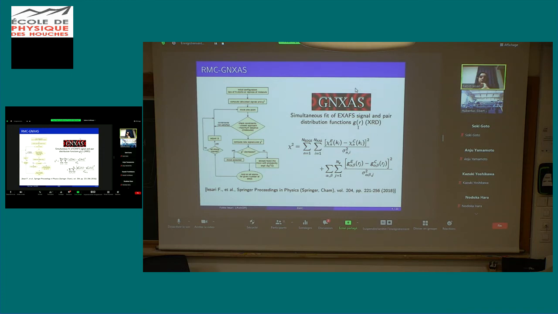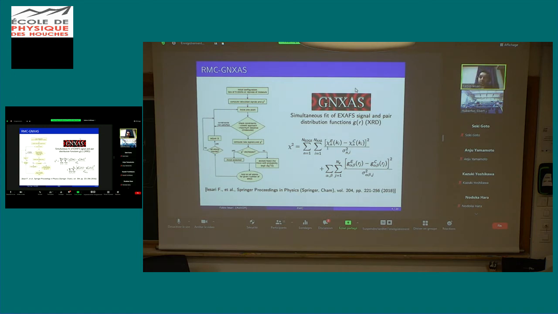And what we obtain in this case is that usually the pair distribution function is not so accurate at shorter distance, but it represents very well the long range order constraint. So if we combine the two, given instead the high sensitivity of GNXAS at short distance, we take, how to say, the best of both techniques.